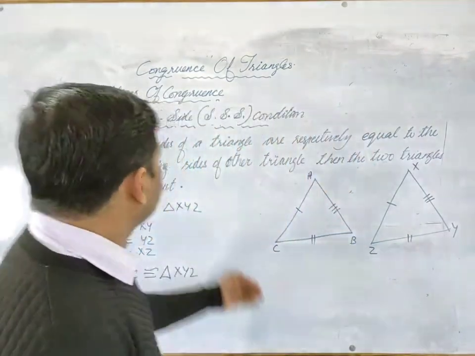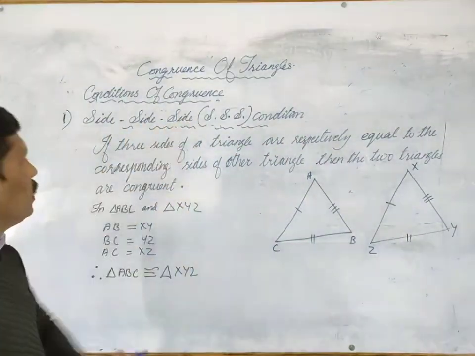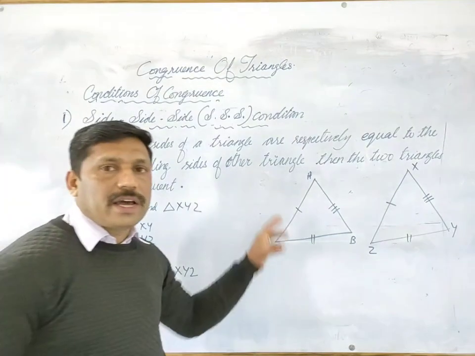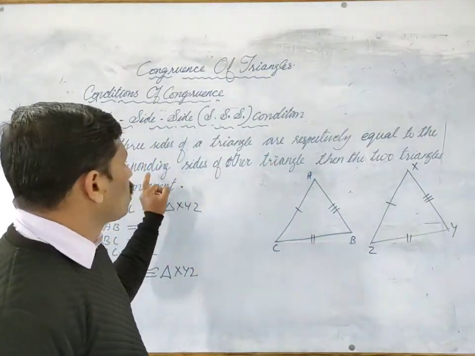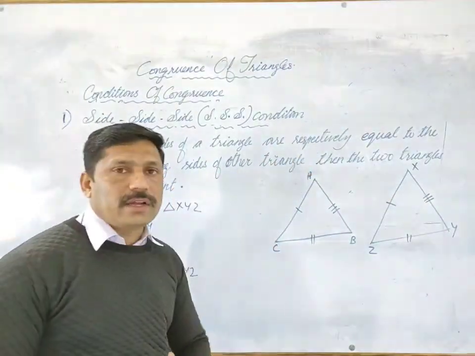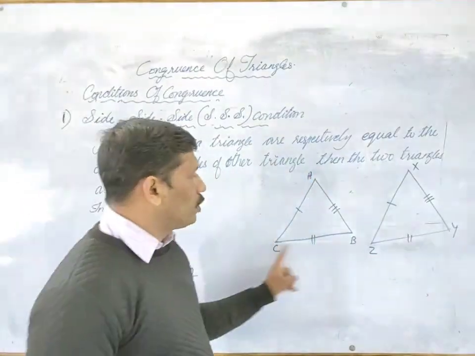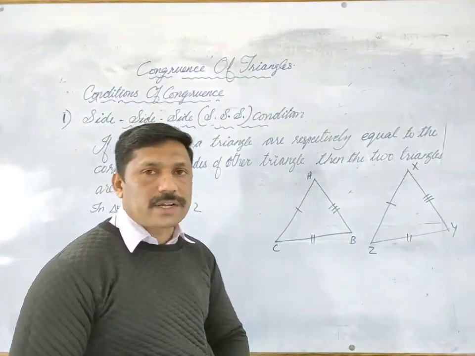Dear students, look here, side condition. If three sides of a triangle are respectively equal to the corresponding sides of the other triangle, then the two triangles are congruent. Here you can see in the diagram, two triangles are written.